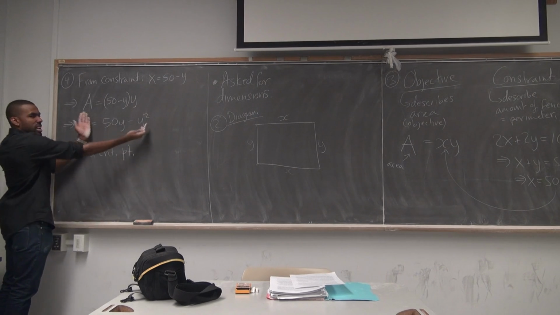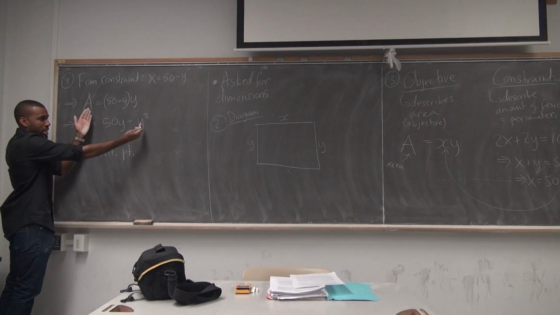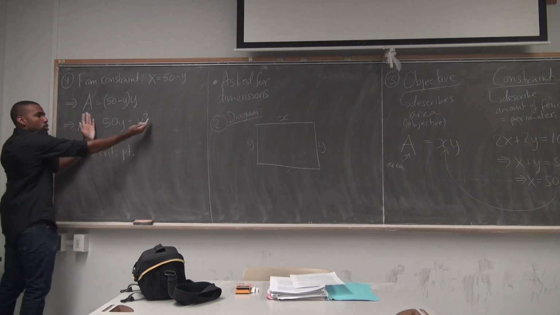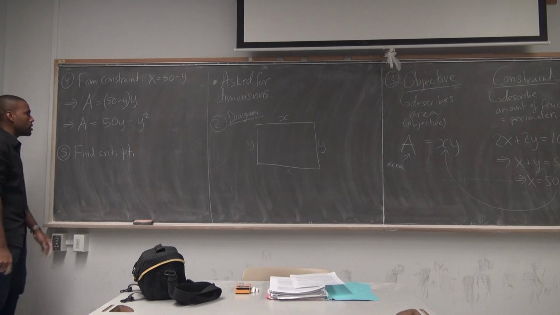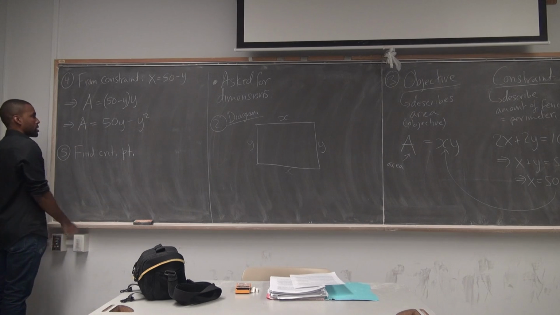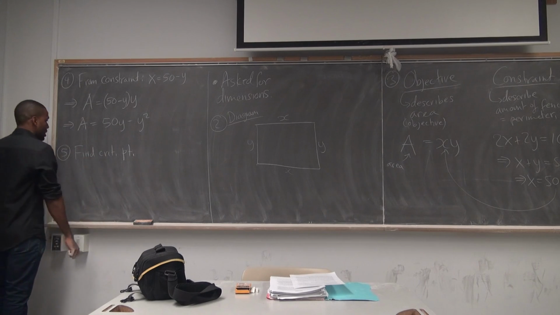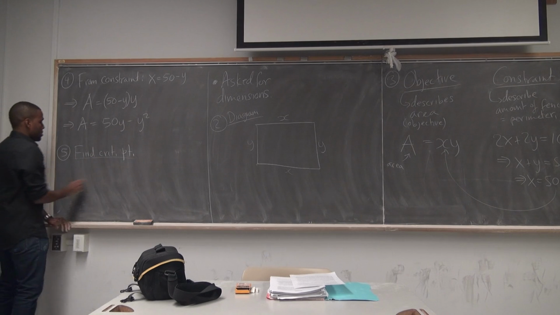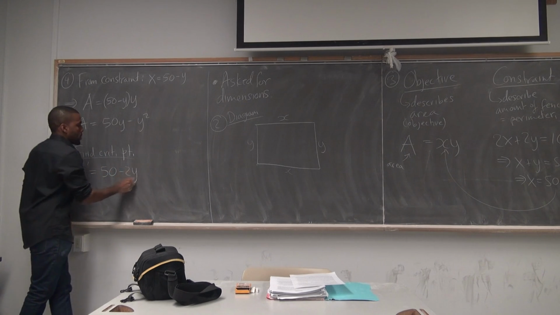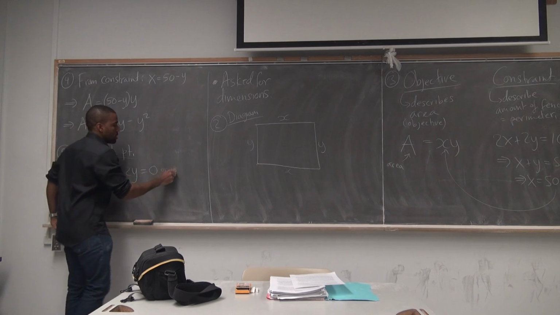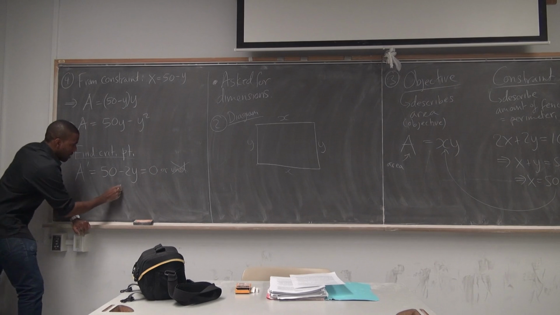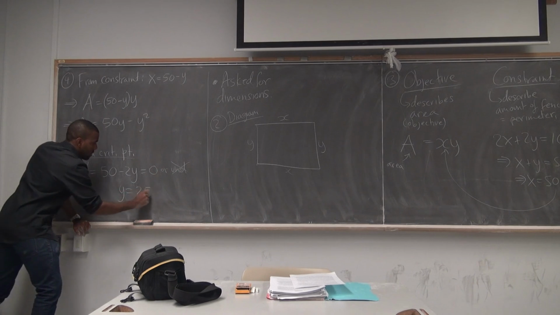By the way, notice here that I could have used the vertex formula. I don't actually need calculus, but I'm going to do it the calculus way. In case you don't get a quadratic, you have to know how to do it, right? But I'll still get the vertex anyway, because it happens to be a quadratic. Okay, so I'm going to find the critical point, which means I'm going to take the derivative of A. I'm going to set it equal to 0 or undefined. It's never undefined. And so what I'm going to have is y must be 25.